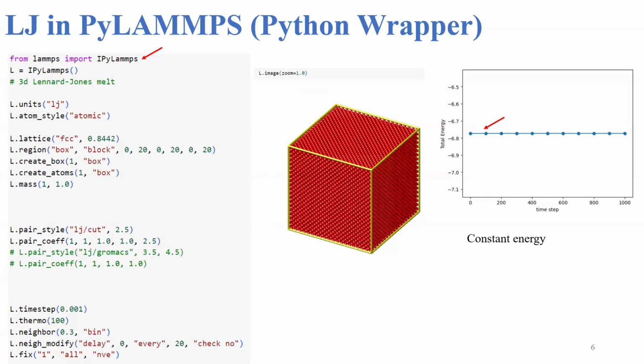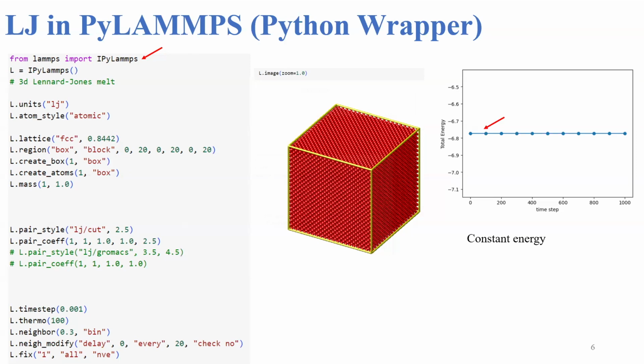Because Python is so popular in multi-scale modeling and modeling in general, LAMMPS has also developed PyLAMMPS, a Python wrapper for LAMMPS. This allows you not just to write things in text or give a command line, but also to have a syntax-based input for LAMMPS.